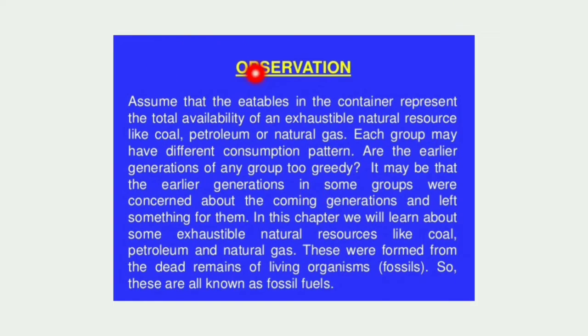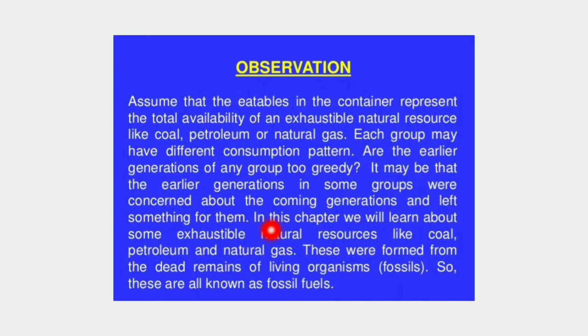They represent the natural resources here. Each group may have a different consumption pattern. Were the earlier generation of groups too greedy? I already mentioned that we must not be greedy, in order to leave resources for the future generation. Otherwise, they will be exhausted completely.